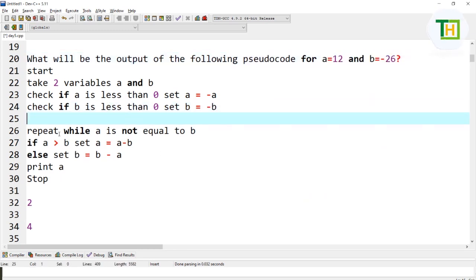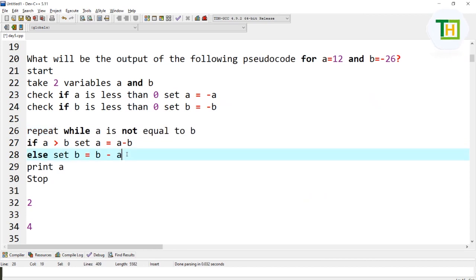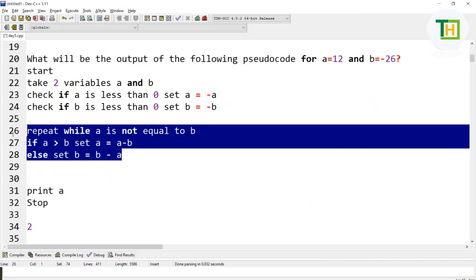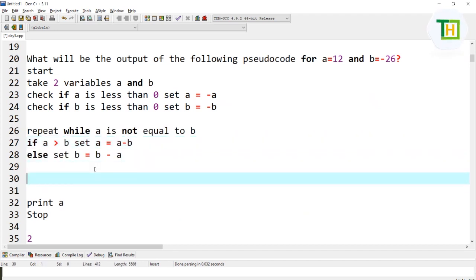And coming to this one, repeat while A is not equal to B. While A is not equal to B, we have to repeat the values here. 12 is not equal to 26, right?